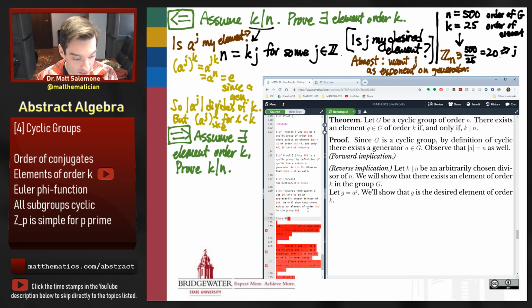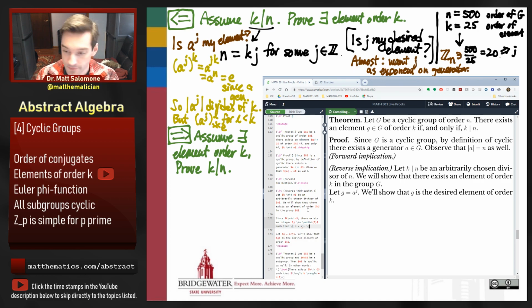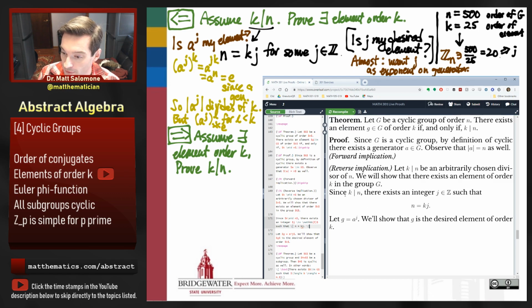So since k divides n, there exists an integer j such that n is equal to k times j. So we're using the definition of divisible, right?